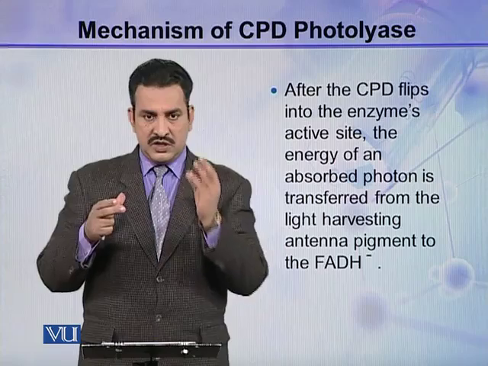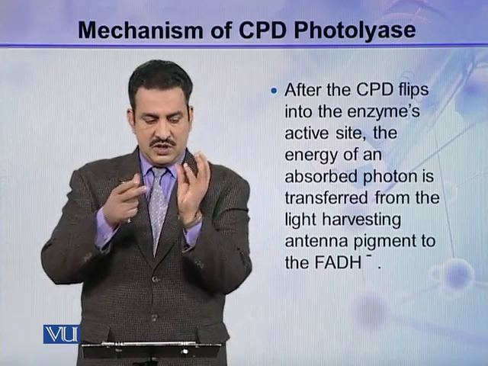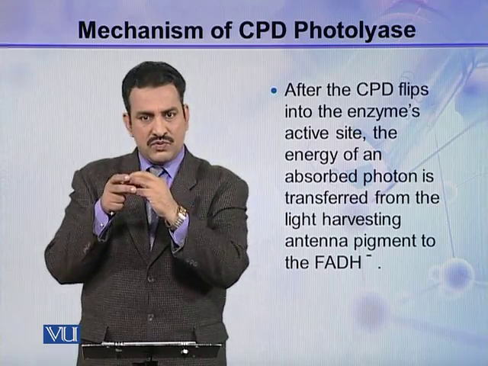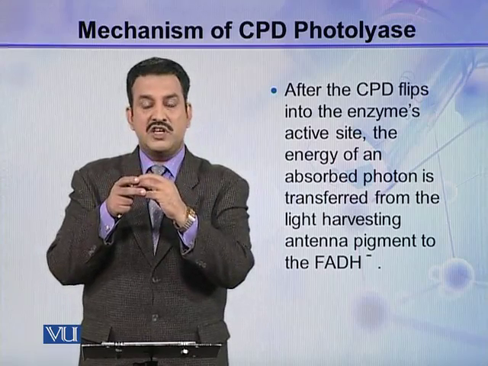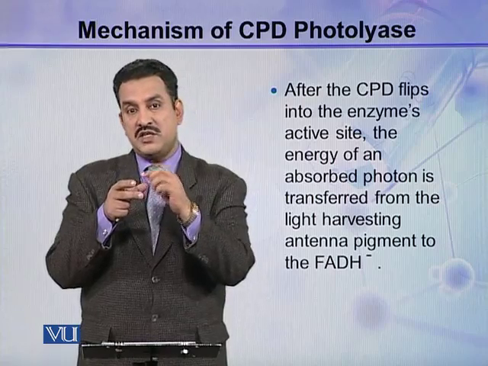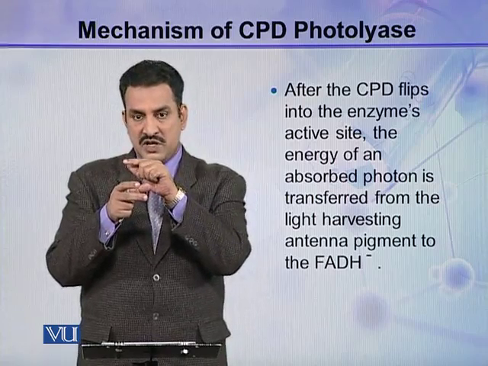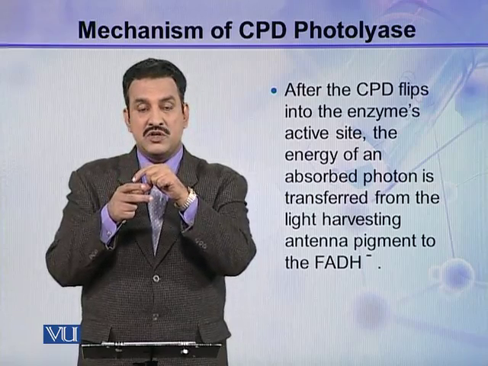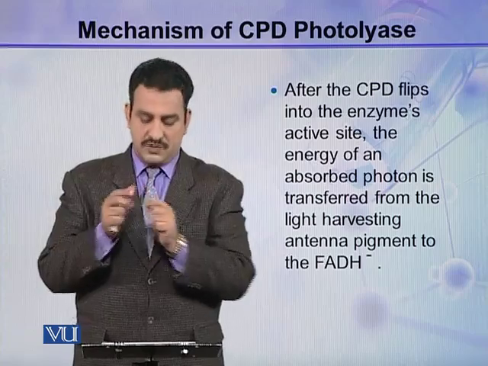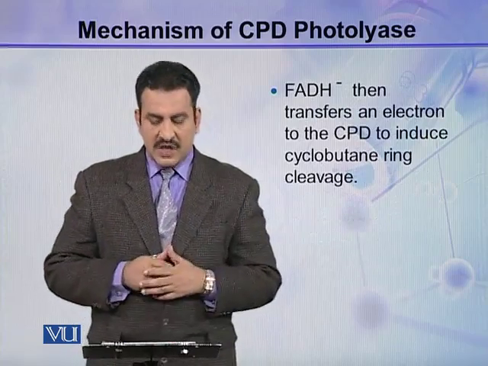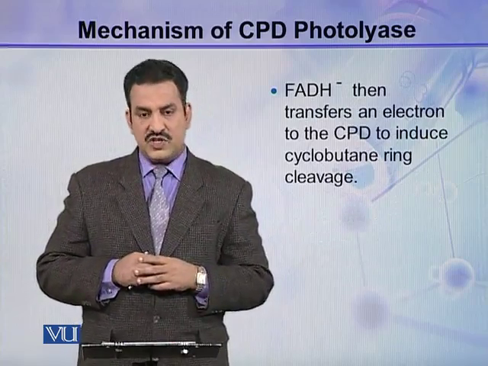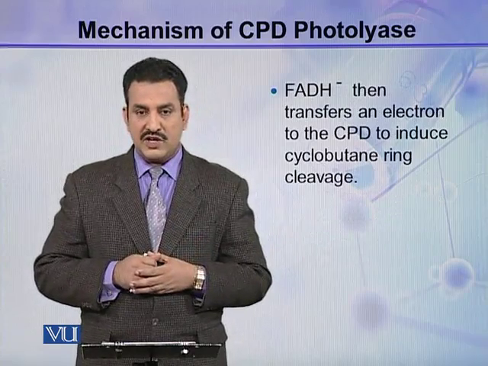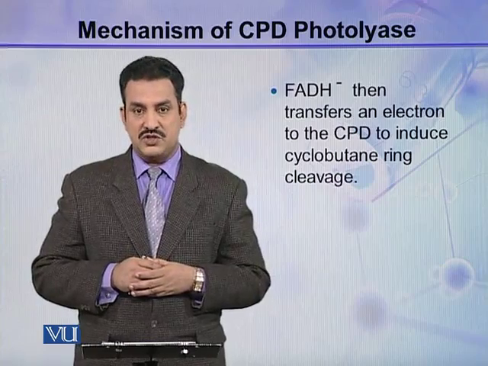So once this dimer CPD flips into the active site of the enzyme, the energy which is absorbed by the photoantenna pigment is transferred to FADH, which is present in the active site. FADH then transfers an electron to the CPD to induce cyclobutane ring cleavage.